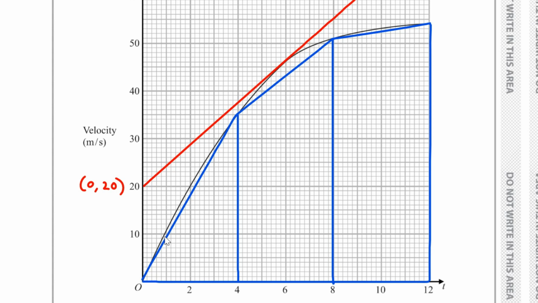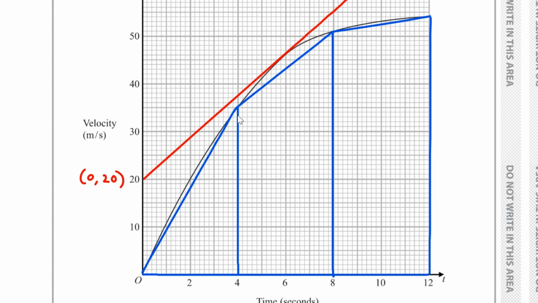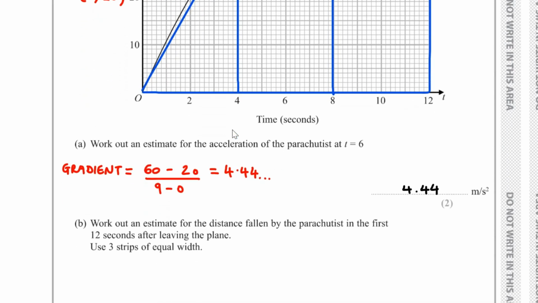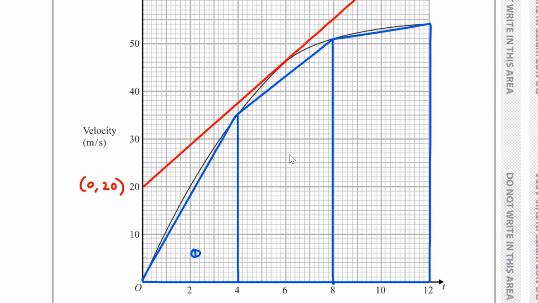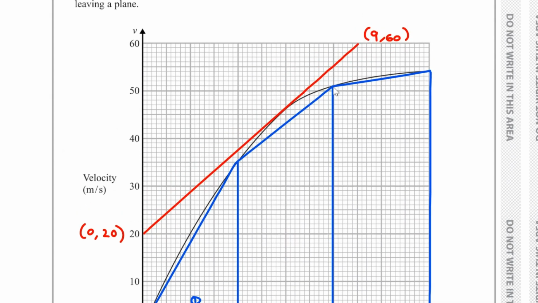So for the first bit, this point is 35. So the area of 1 is, let's write it out like this, 1/2 times 4 times 35. So this is the area of 1. The area of 2 is a trapezium. Here this point is 35, this point is 51.